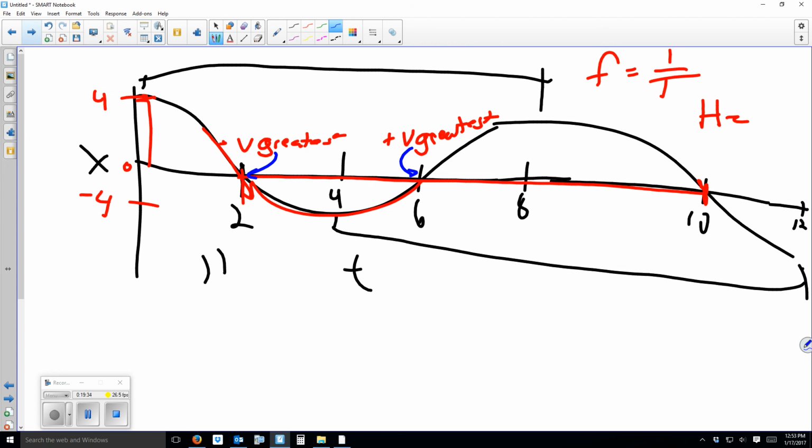So a question will likely ask you to pick out times, say the time of 2 seconds, not just know that it's at the equilibrium, but then look at the graph and say, all right, there's an equilibrium at 2 seconds and there's one at 6 seconds, or 3 seconds, or 7 seconds, or whatever that graph shows. Where are our accelerations the greatest?